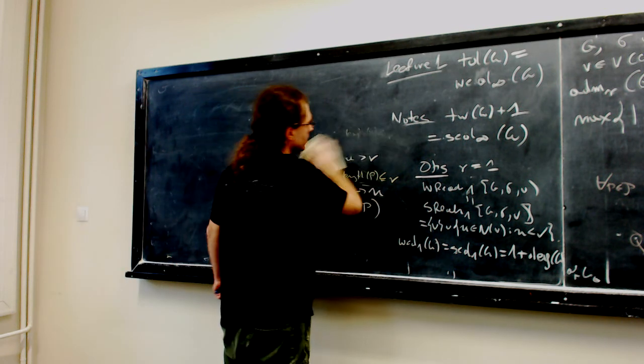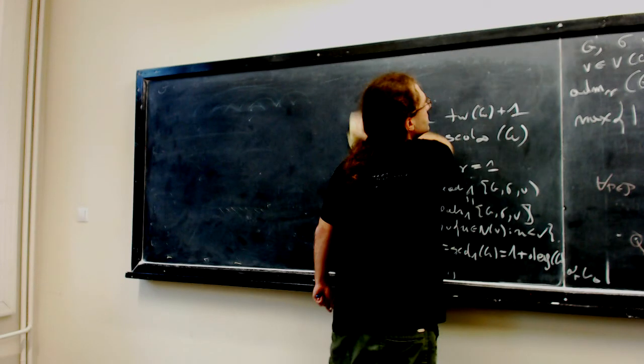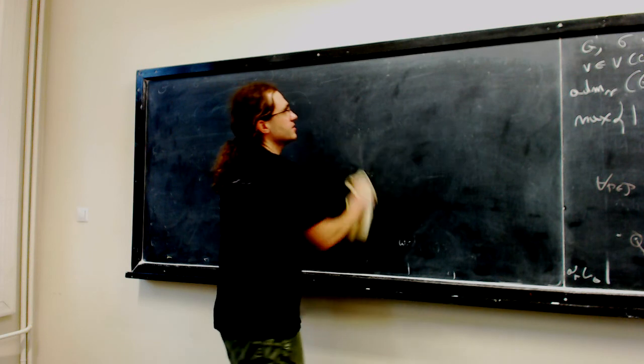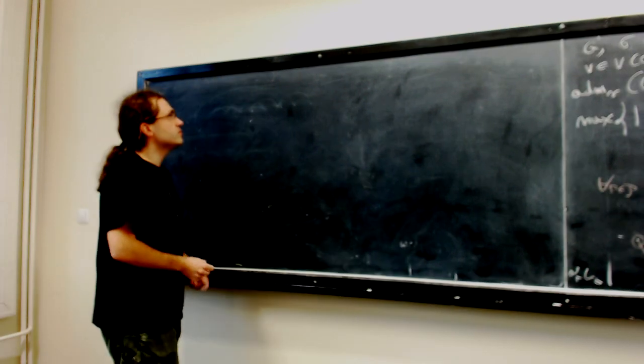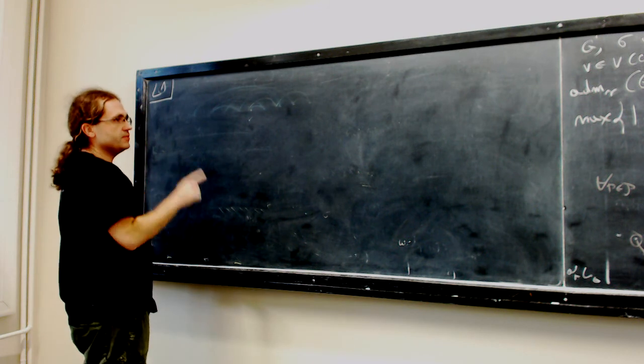And these two lemmas are not super difficult. I think the only difficult proof won't fit today, and we'll do it in the next lecture. So let's do lemma 1. Let's now compare admissibility and strong coloring numbers.